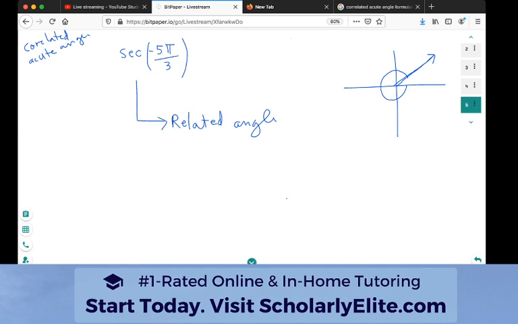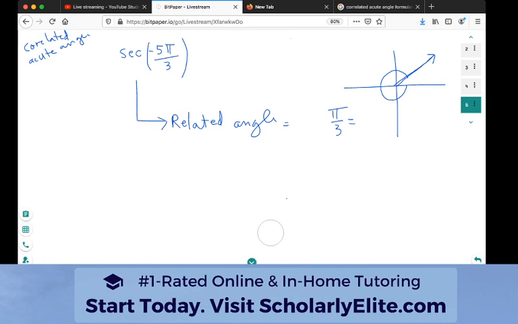And that means that whether it's secant, cosecant, tan, or cotangent, it's going to be positive because it's in the first quadrant. And that means that here, the related angle is secant of pi by 3, which is 2. Oh, sorry, not tan. I didn't mean to write tan.